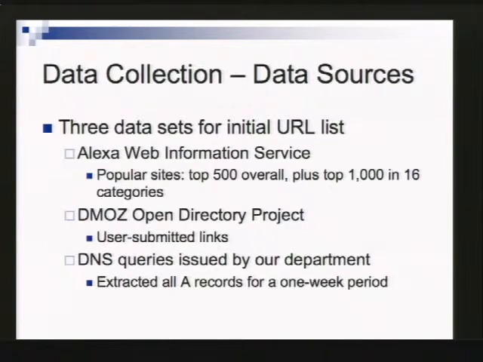The second list that we used was the DMOZ Open Directory project. This is a project that has the goal of collecting URLs that people visit. So a URL that you often visit, you may contribute that URL to the DMOZ Open Directory project.